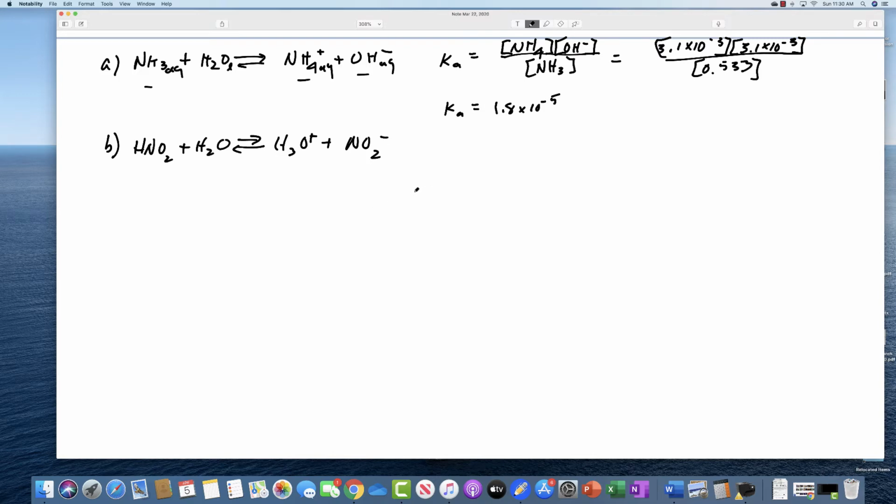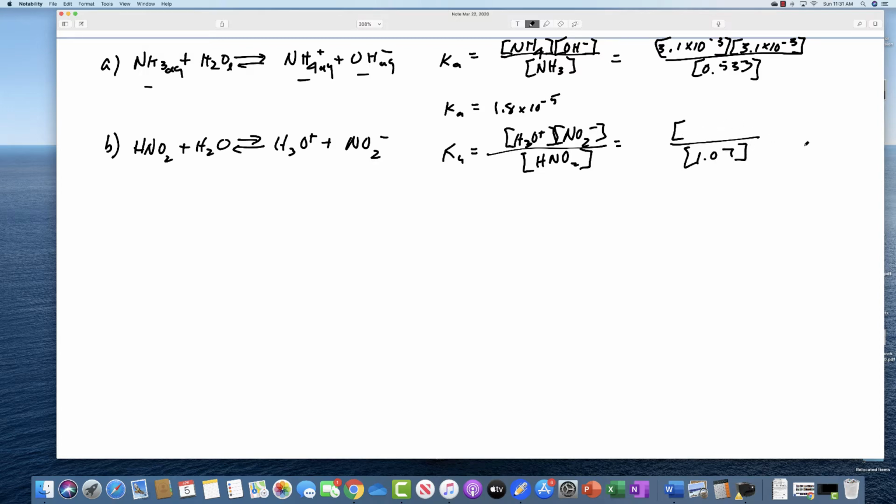And the concentrations they give you here, now in this formula up here, if we write this down, it's going to be H3O plus times NO2 minus divided by HNO2. So in this case, the HNO2 is 1.07.